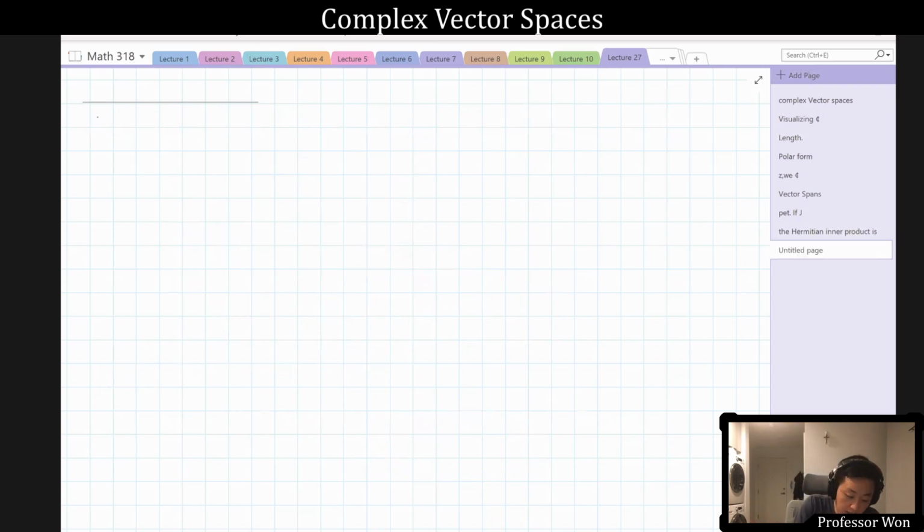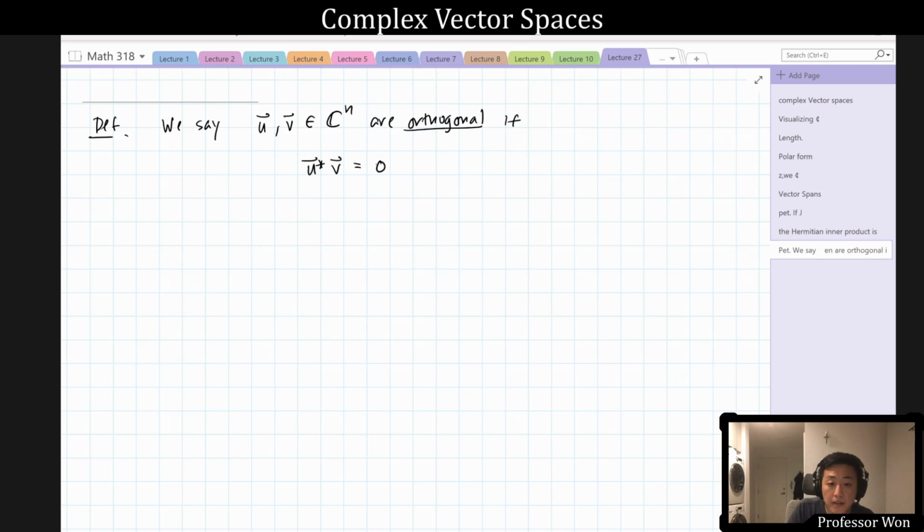So we say that two vectors, u and v, are orthogonal if u star v equals 0. Which, by the way, is equivalent to v star u equaling 0, because you would get the conjugate of 0, which is 0.